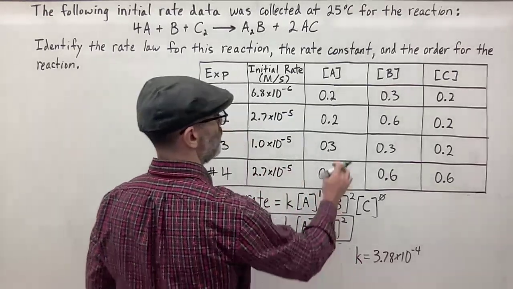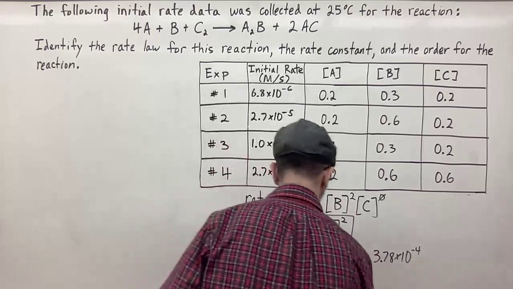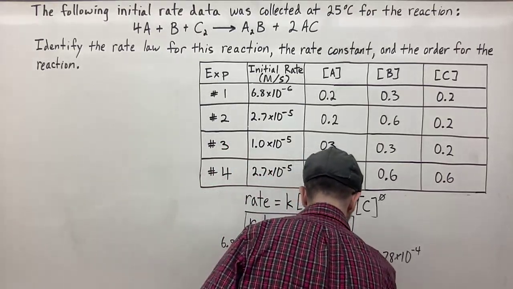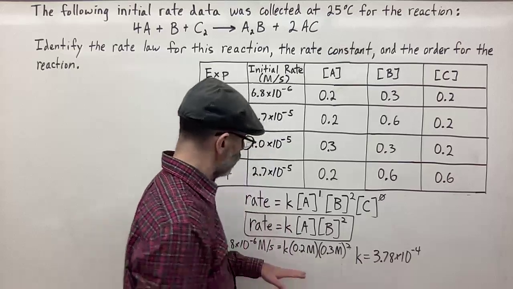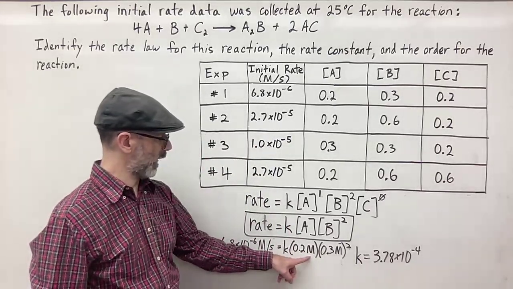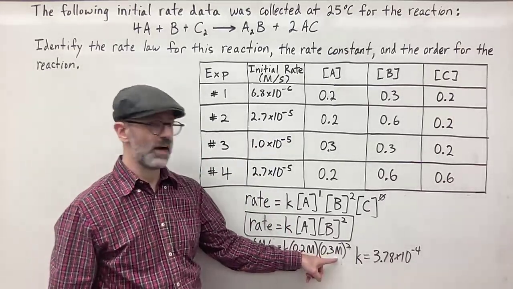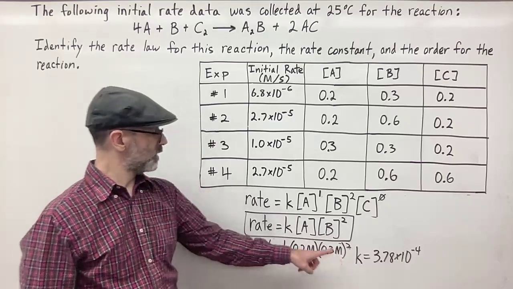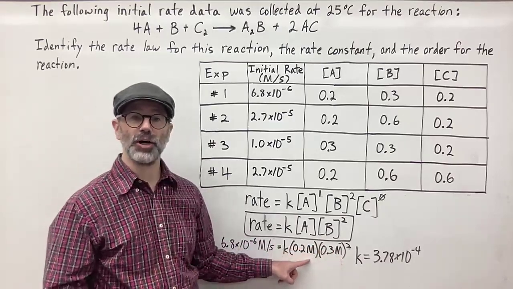Times, and then B, it's 0.3 molar squared. So I'm not going to redo the calculation, but I'm going to show you, look, here we have molarity, and then here we have molarity squared. So molarity squared times molarity gives us molarity cubed.